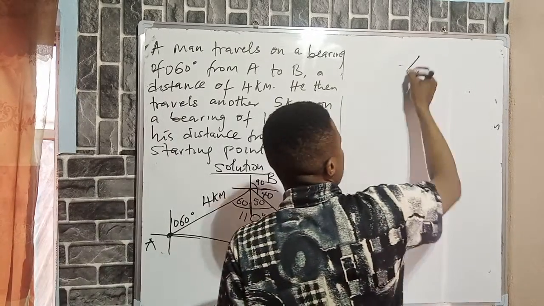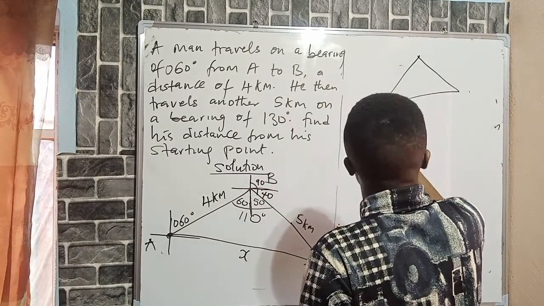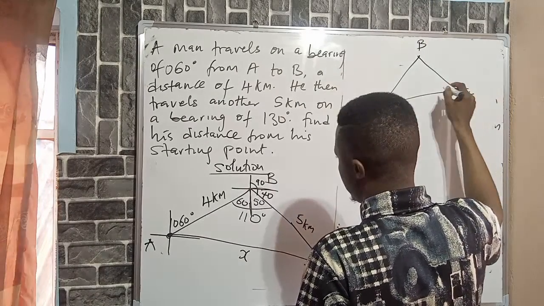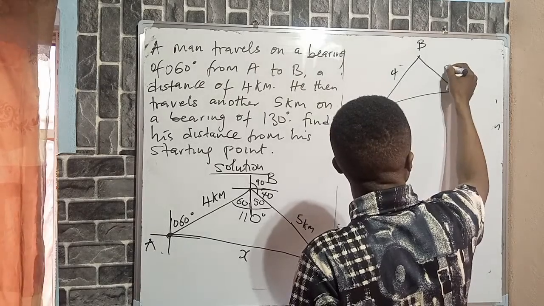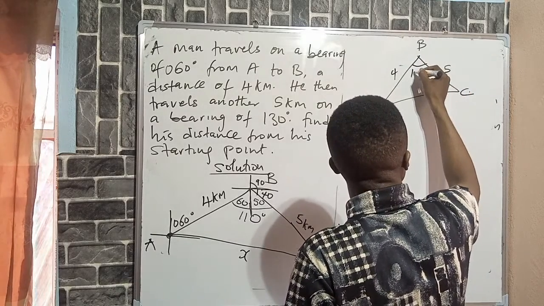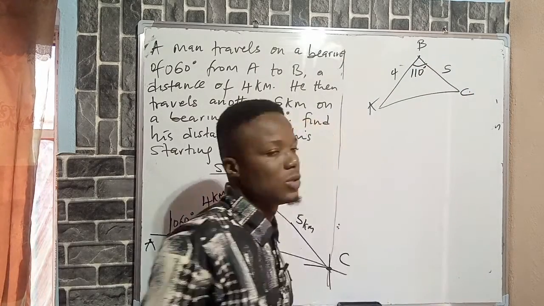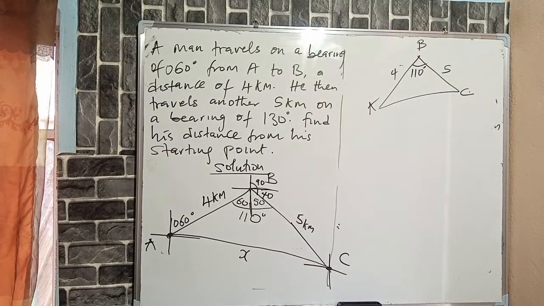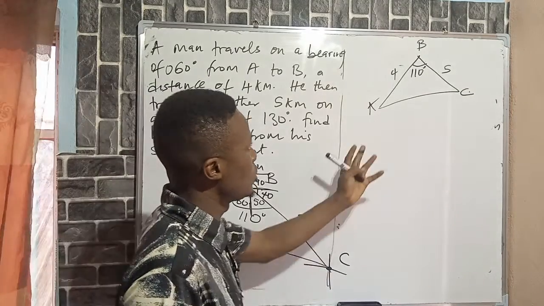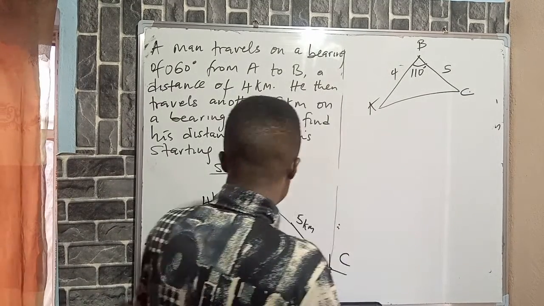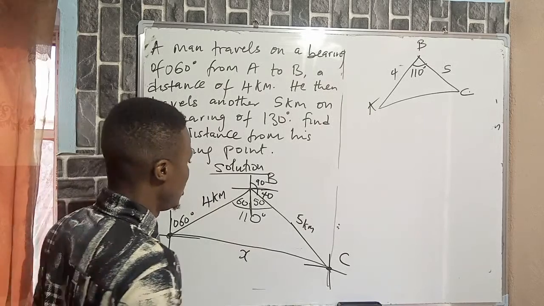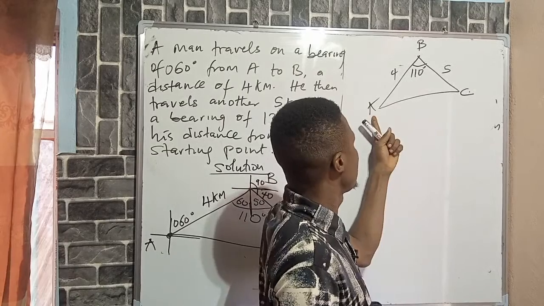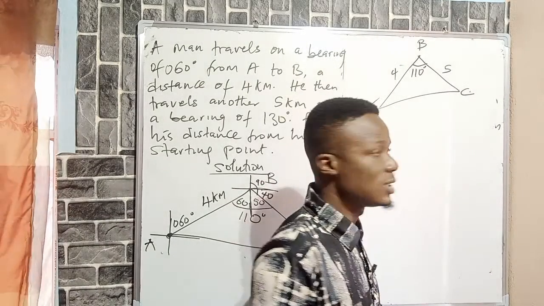So you have to draw a triangle like this. I'm just redrawing this, where here is A, here is B, here is C, and here is 4 kilometers, here is 5 kilometers, while here is 110 degrees. So use the cosine rule to tackle it. In any triangle, the side facing the capital letters are seen as the small letters.